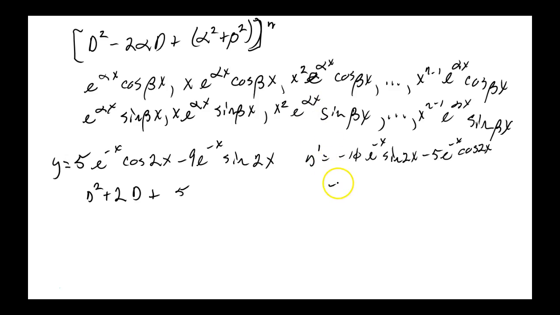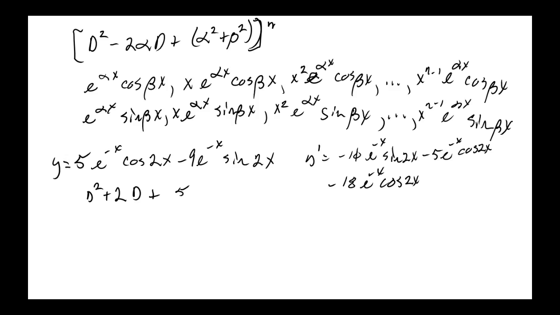Minus the first, which is a 9e to the minus x, just as it is, times 2 times cosine 2x. So that would be minus 18 e to the minus x cosine 2x. Okay, that's the first times derivative of the second part.